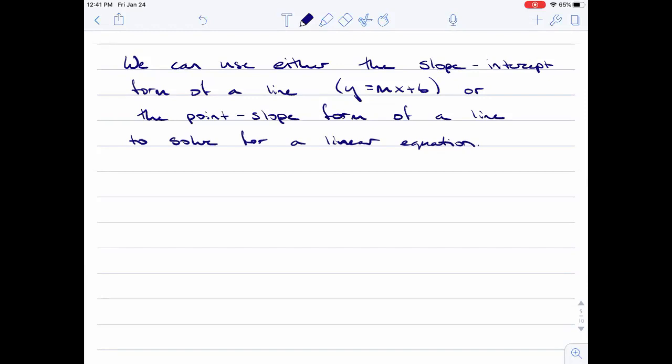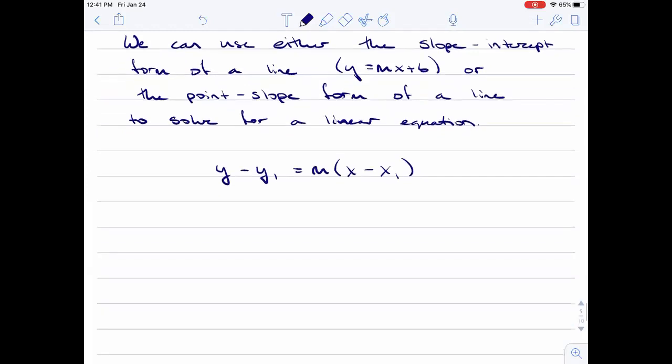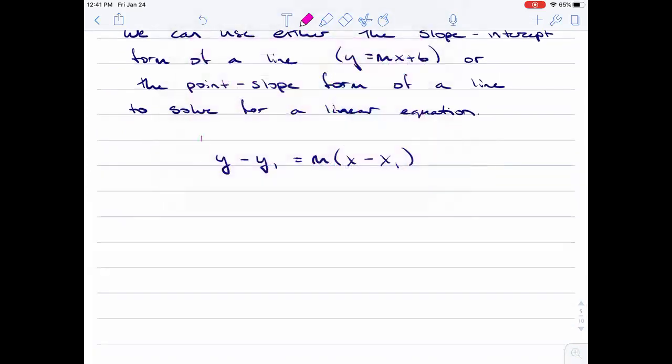A straight line equation. And so a point slope form says that we have y minus y1 is m times x minus x1, right? Put a box around that.